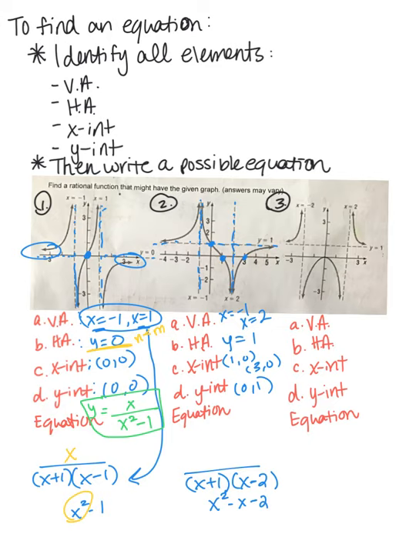If the x-intercept is supposed to equal 1, it must have come from x minus 1. And if I have an x-intercept of 3, it must have come from x minus 3. So now let's distribute that out. I'm going to get x squared minus 4x plus 3.